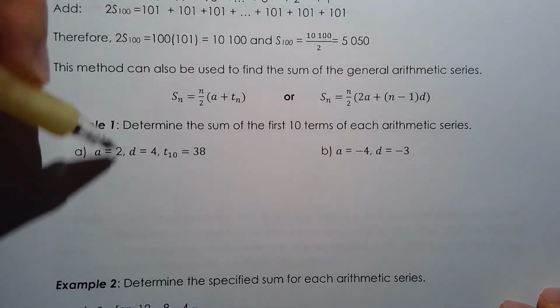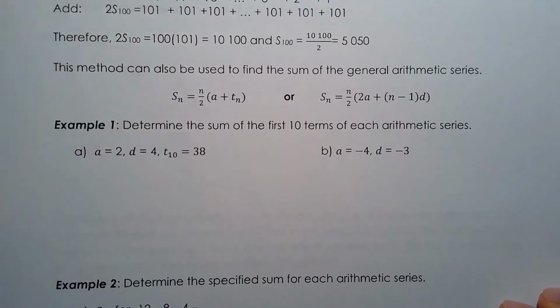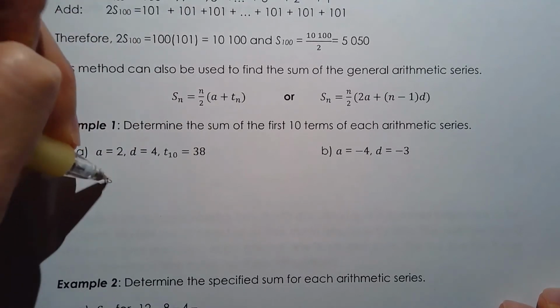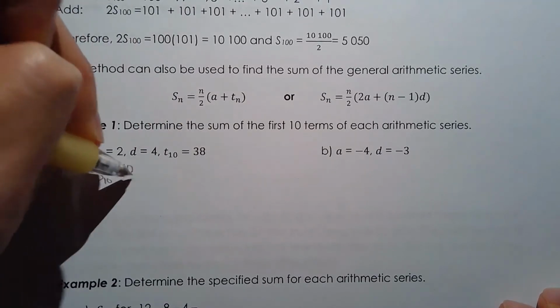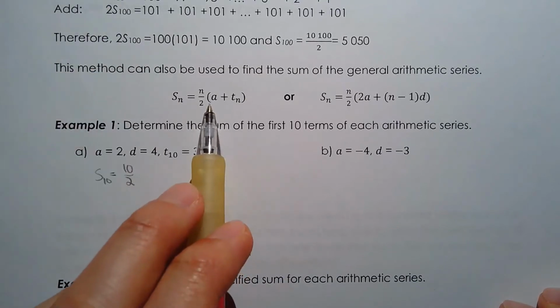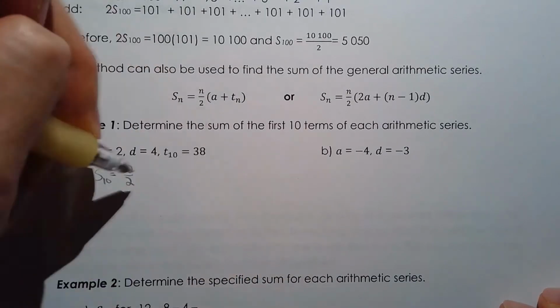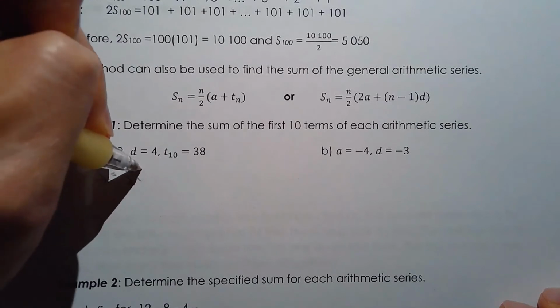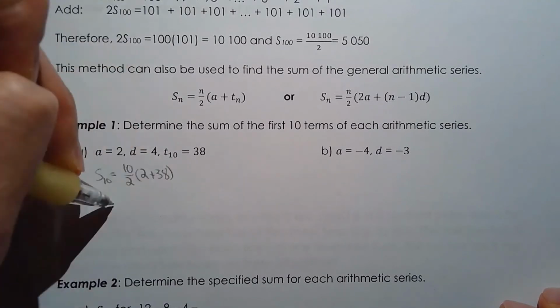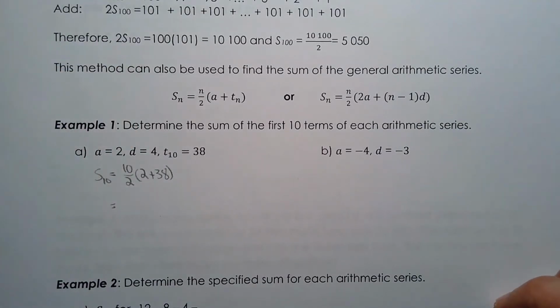So I'm going to use this version of the arithmetic series formula. I'm just going to quickly triple check. 40 times 5. Yep.